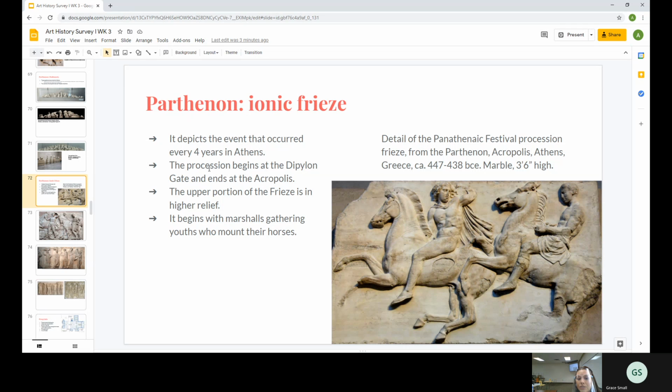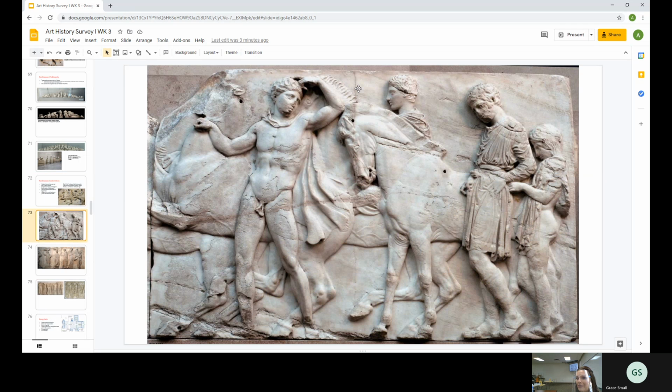And the frieze illustrates the beginnings of the procession at the Diplon Cemetery's gate all the way up to the Acropolis. This is towards the beginning of it. The leaders of the parade were young men on horseback leading the way. There's some more images from that Panathenaic procession.